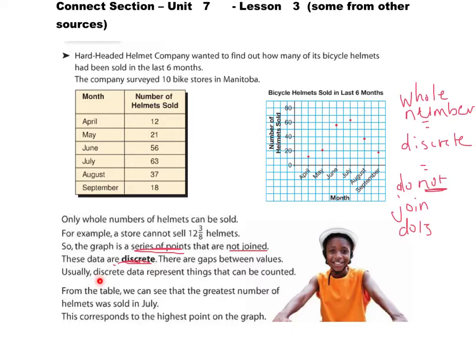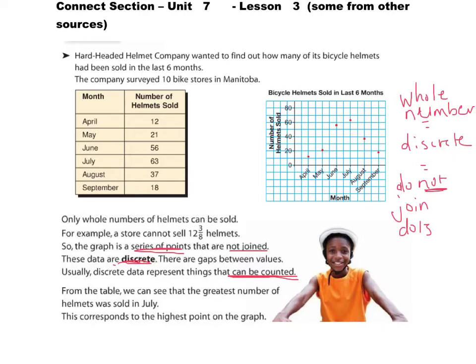A couple things to help you determine whether or not it's discrete data is that usually discrete data represents things that can be counted. So if something can be counted, it is usually discrete data. And you can see this is a series of plot points. It is not joined. It is discrete data.